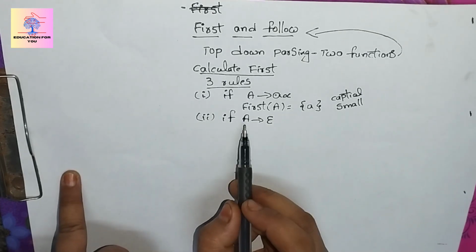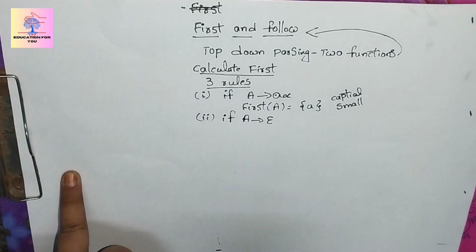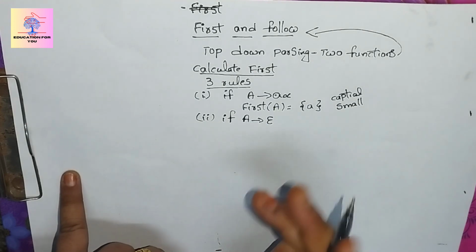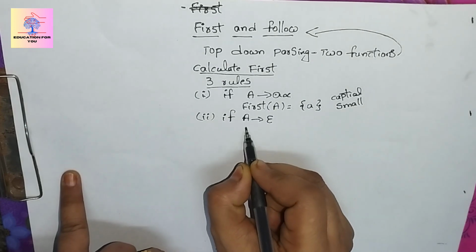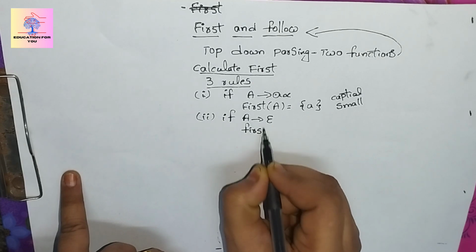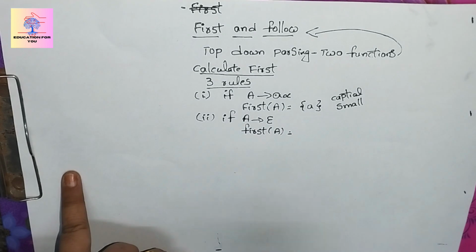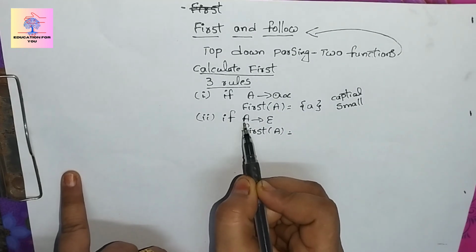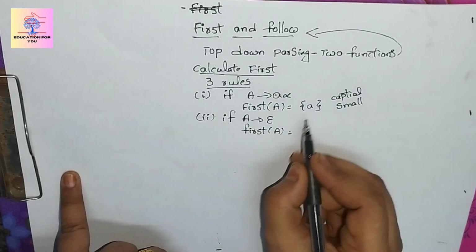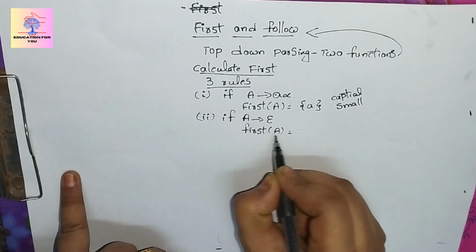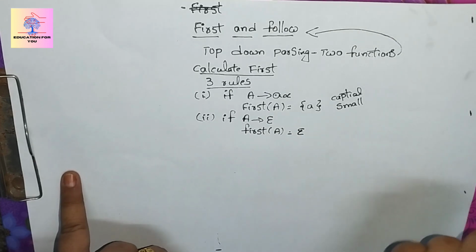Epsilon means A is producing nothing, that is null. I already said that first is always calculated for the left hand side non-terminal. Here also the left hand side non-terminal is capital A. So first of A can become epsilon itself.